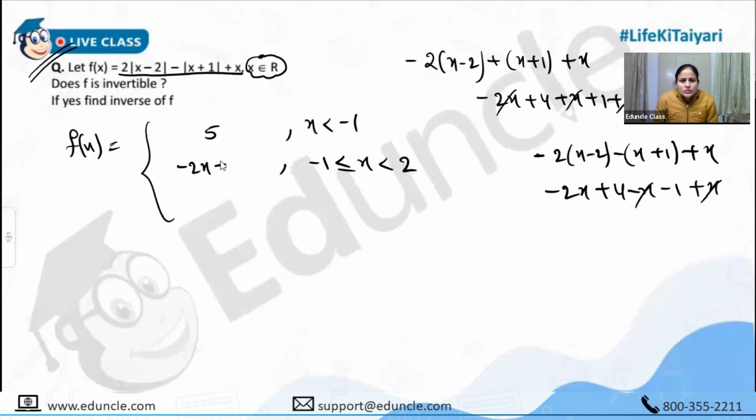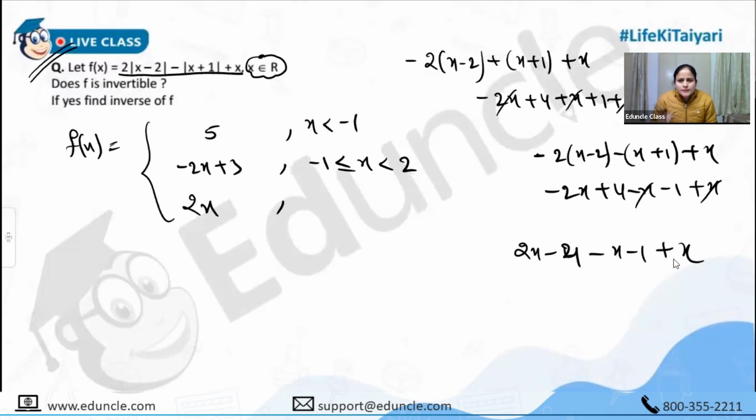So minus 2x plus 3, and both are positive. So twice x minus 4 minus x minus 1 plus x. So I will have 3x. No, x to x goes cancel out. Twice x, oh, just a second.